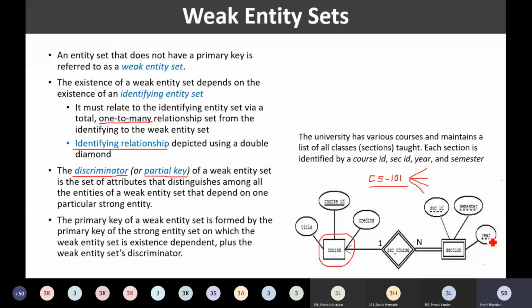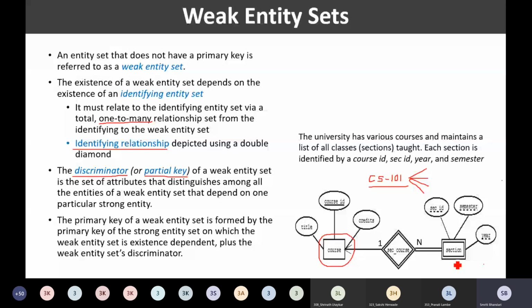So the primary key of the section is course ID, section ID, semester, year, because these three attributes form the partial key. So the partial key along with the primary key of the course will give me the primary key for the section. That is the weak entity set.